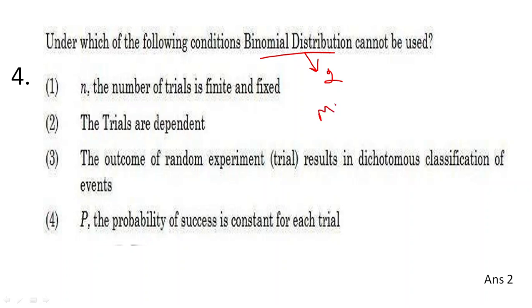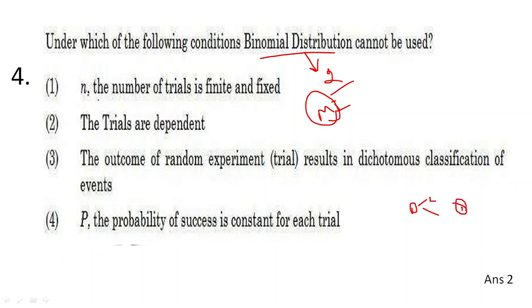We have multiple independent trials. However, we also use Bernoulli's trials. For that also you have two results, but in Bernoulli's trials you do not have multiple trials. You only have one trial, right?